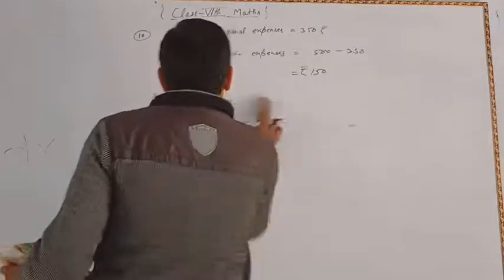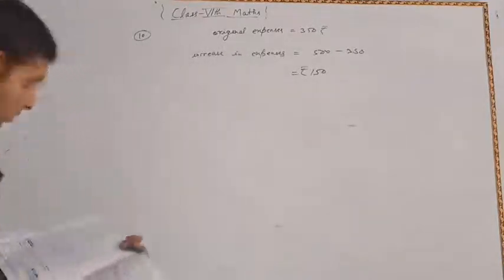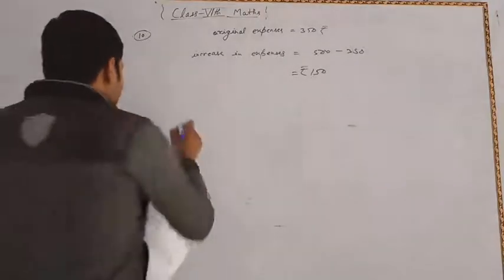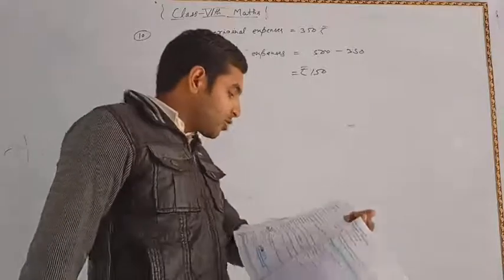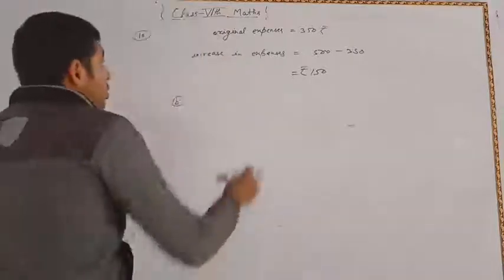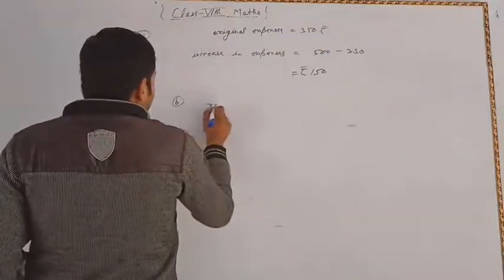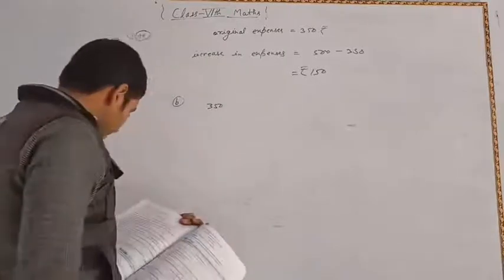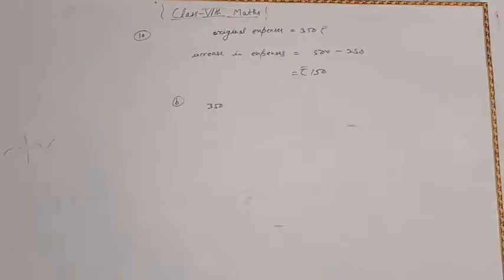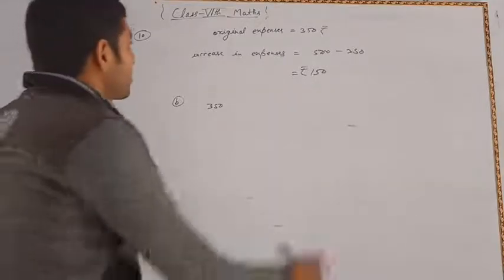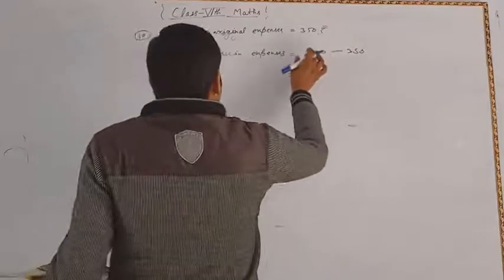Now again, part B. Here it is given original expenses to increased expenses. So original expenses is equal to 350, and increased expenses is 500.